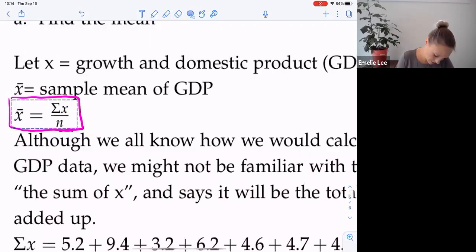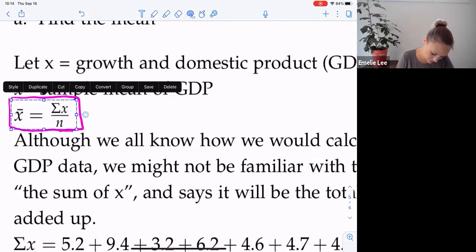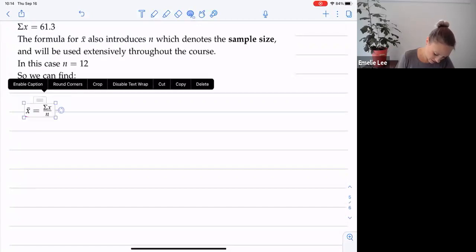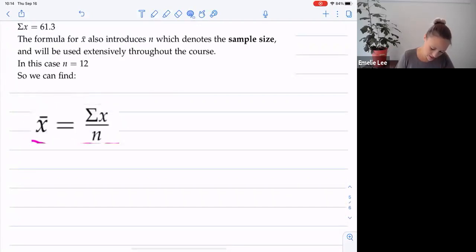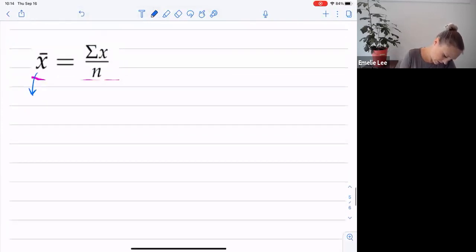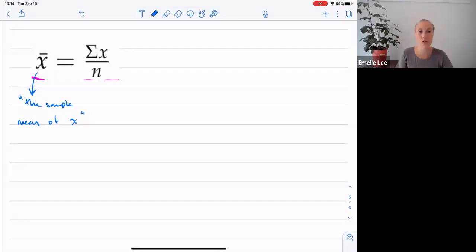Here, I'm just going to bring this down so we can talk about it, because part of it is just being able to read this and not be scared. This says the sample mean of x, where x is just a placeholder for any numerical variable.